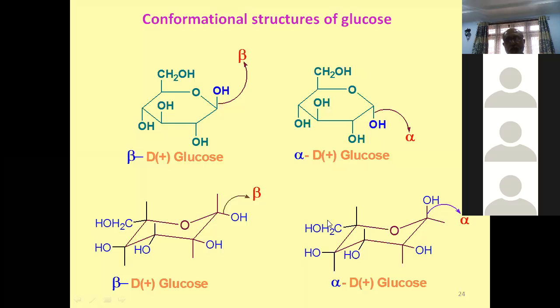That is the difference between alpha glucose and beta glucose. In beta glucose, all the OH groups will be equatorial, including the anomeric OH group. When it is alpha, it is in the axial position.